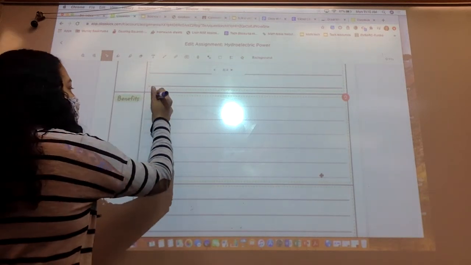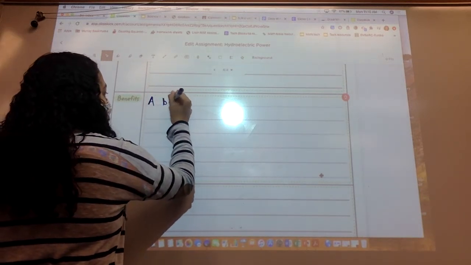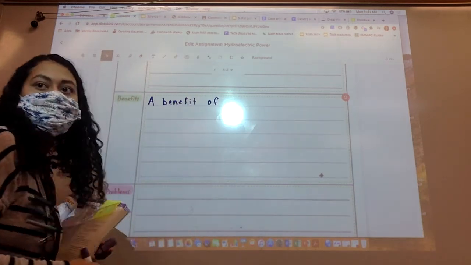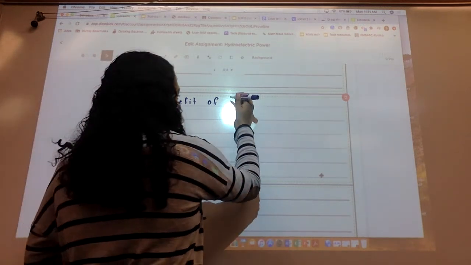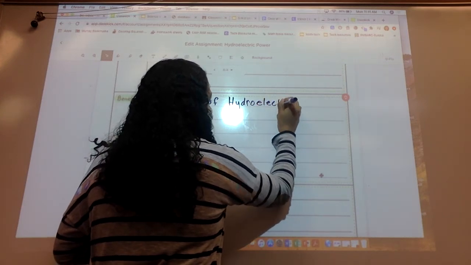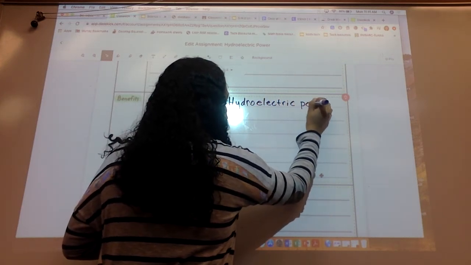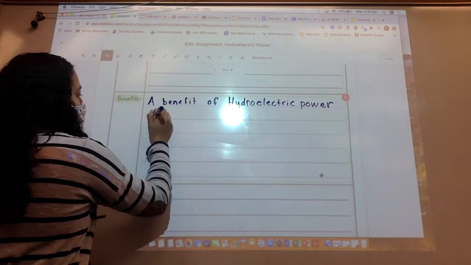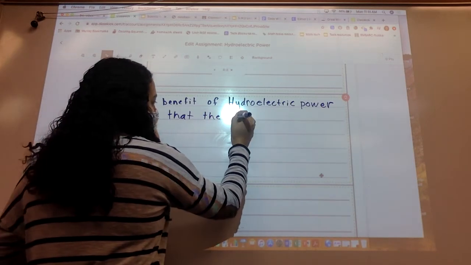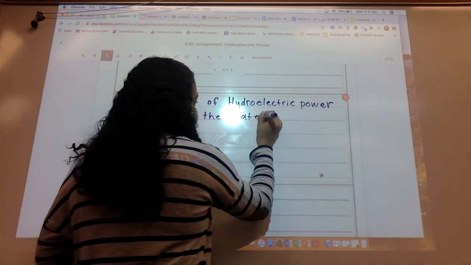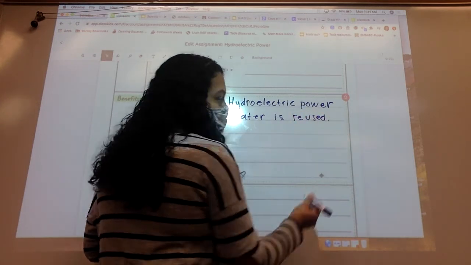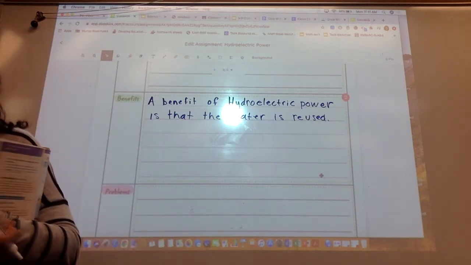We can say a benefit of hydroelectric power is that the water is reused, period. Yes, Linda. Good.